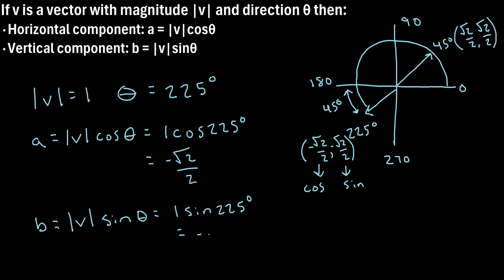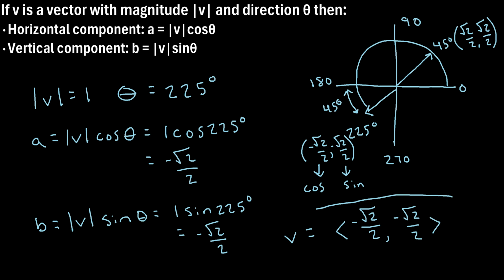So we get 1 times negative root 2 over 2. That is our vertical component. So if we want to write our final answer in component form, we can write it like this. The x-coordinate, negative root 2 over 2, comma the y, or the vertical component, which is negative root 2 over 2. And that is our final answer.